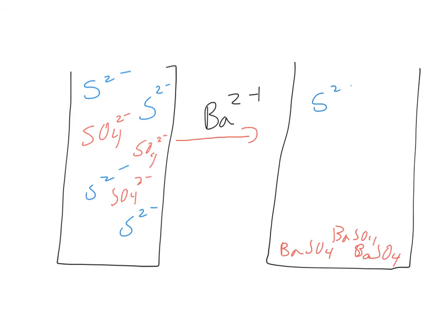But it wouldn't react with my sulfide, so my sulfide would remain floating free. Chemistry's easy, life is hard, and we'll make use of selective ions like barium in the laboratory to help us separate mixtures of things like sulfide and sulfate.